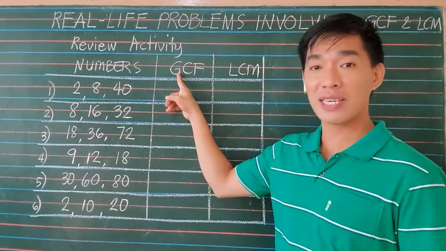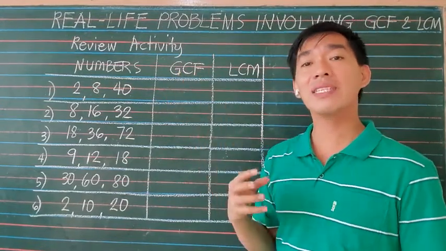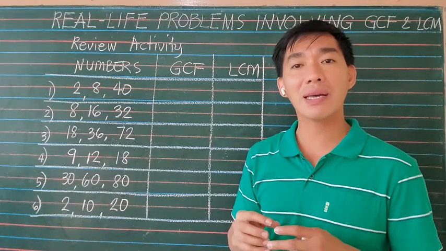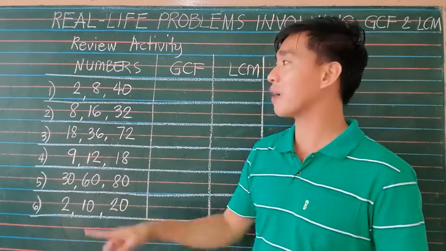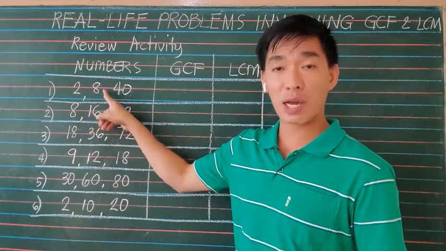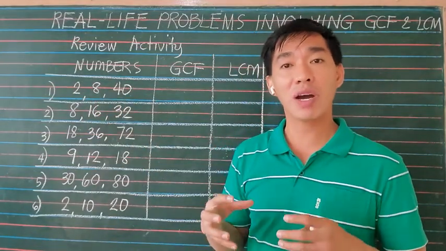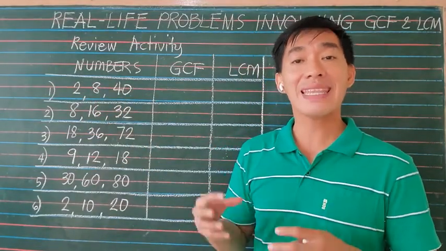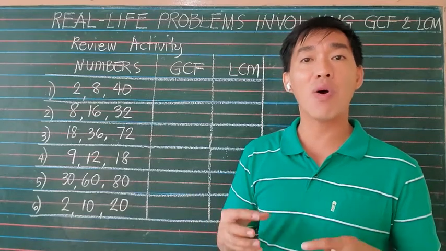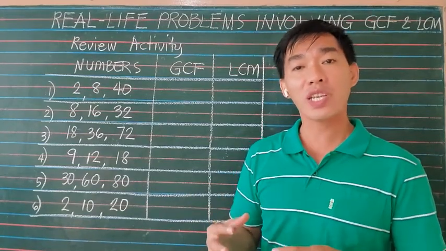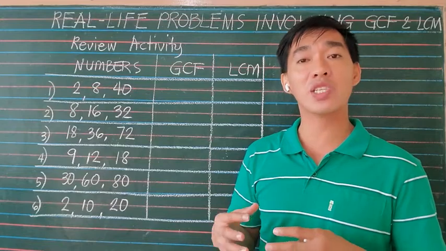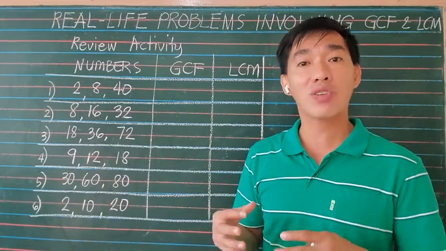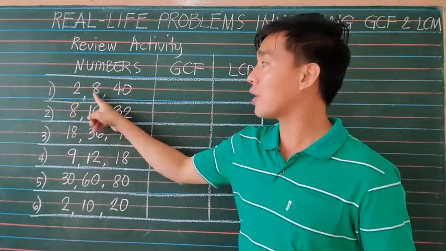If you already have the product of the common prime factors, then that is already the GCF. Now, for the LCM, you take all the common prime factors of 2, 8, and 40. After you already have the common prime factors, you will add all other factors which are not common to these numbers.